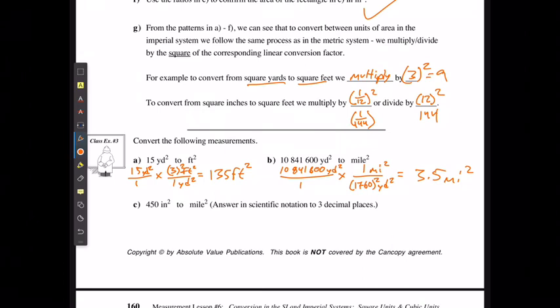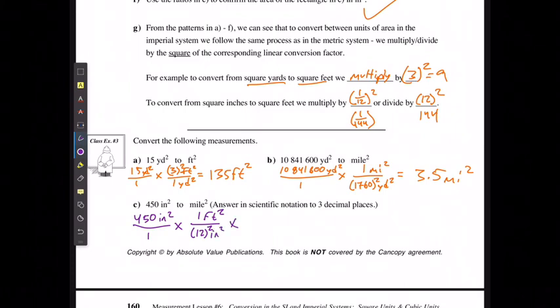If I'm doing 450 inches squared to miles squared, same principle. 450 inches squared divided by 1. I'm going to turn that into feet squared. So I'm going to say that it's going to be 1 foot squared over 12 squared inches squared.